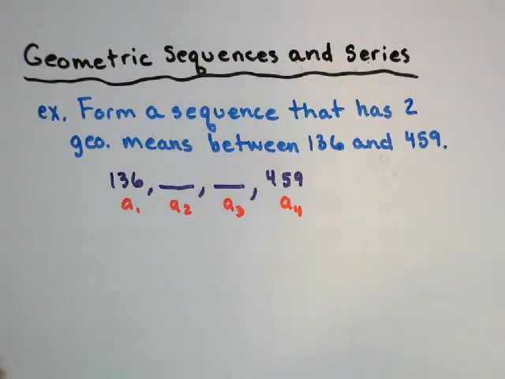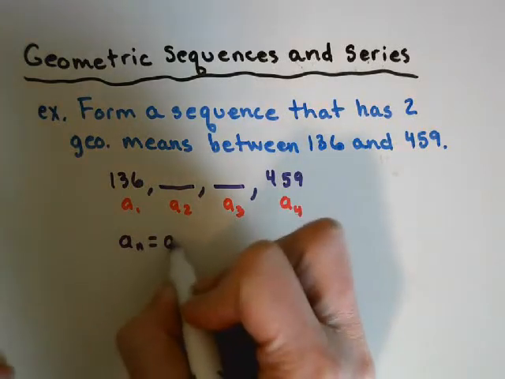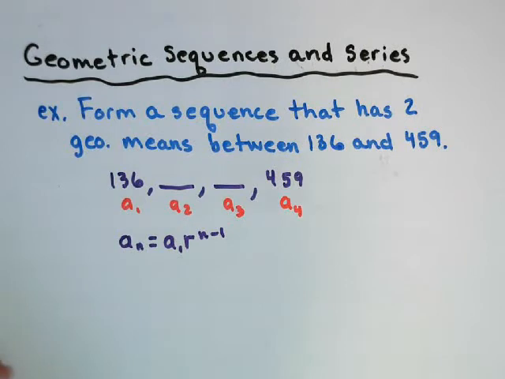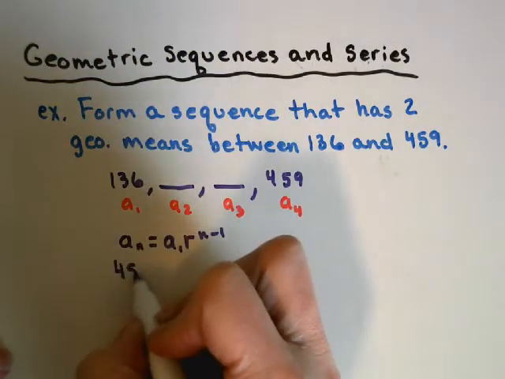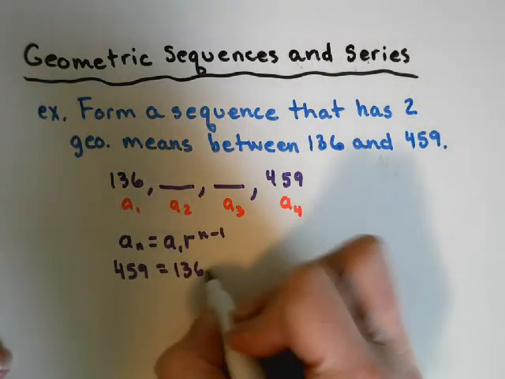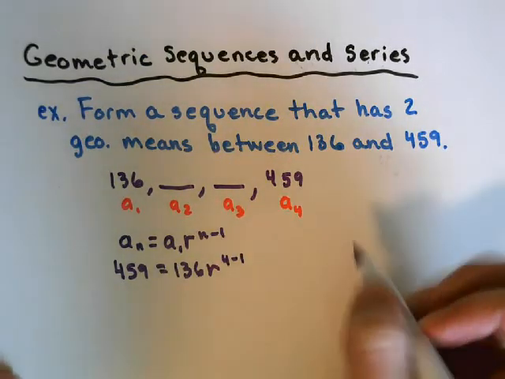Okay, so I need to find the common ratio. So I'm going to use my nth term formula and plug in my specifics here. So my 459 is equal to 136 times r, which I'm trying to find, to the 4 minus 1.